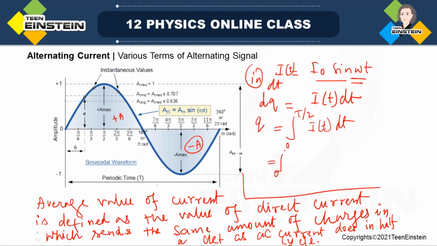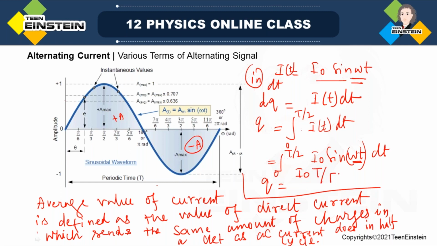I'll put here 0 to T by 2, I0 sine omega t dt. If we integrate it, I'm not doing the integration here, you can do it by yourself. I'll just write the value that the total charge we will get in half cycle is I0. This is a very simple integration you can do by yourself and see.